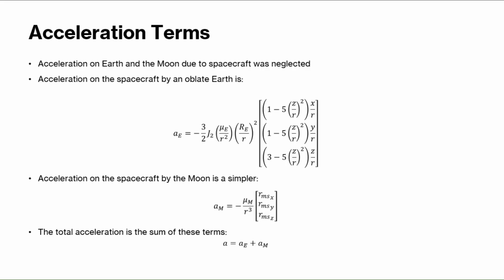The acceleration terms on the spacecraft are affected by the Earth and the moon. The Earth has a lot of terms here that take into account the oblateness, which means that the Earth is not a perfect sphere, whereas the moon is just a simple sphere, and the location is determined by the Horizons database mentioned before.